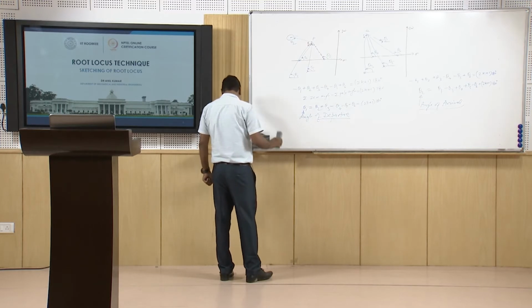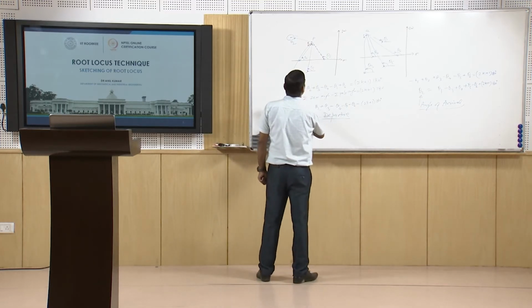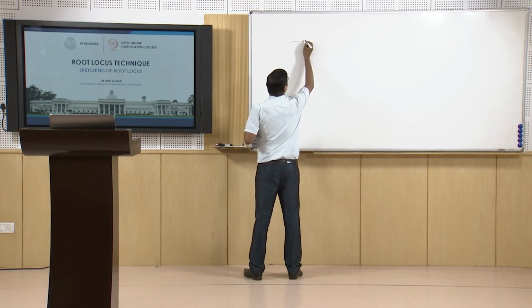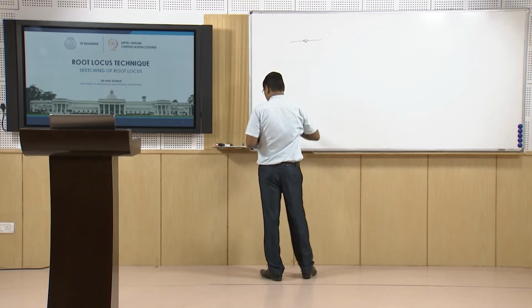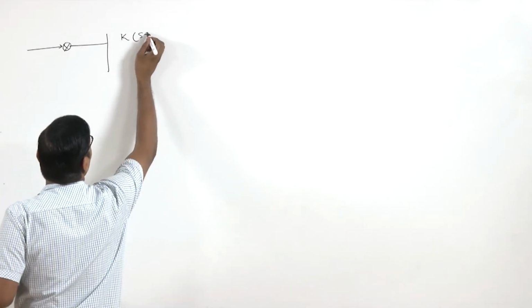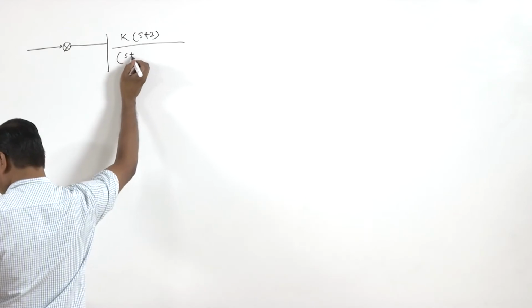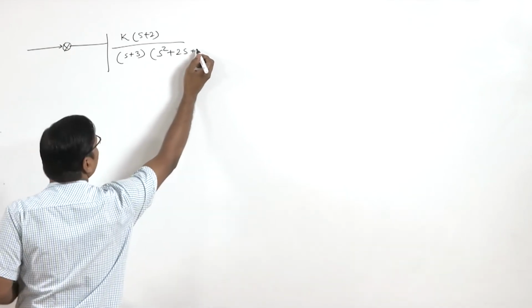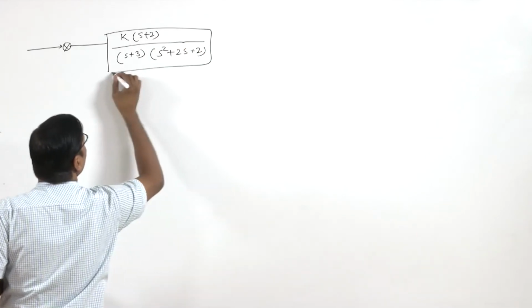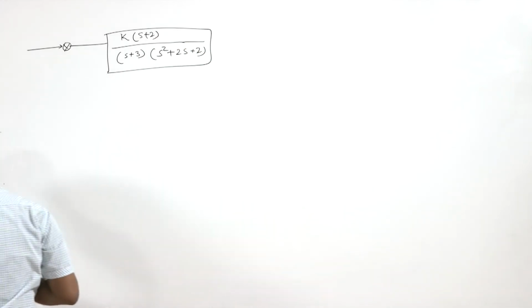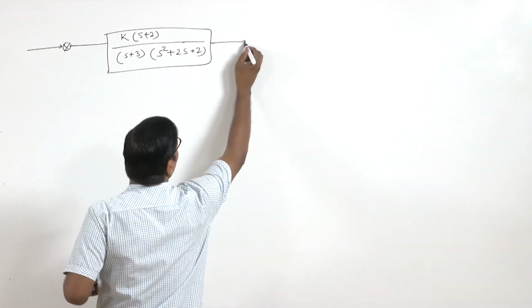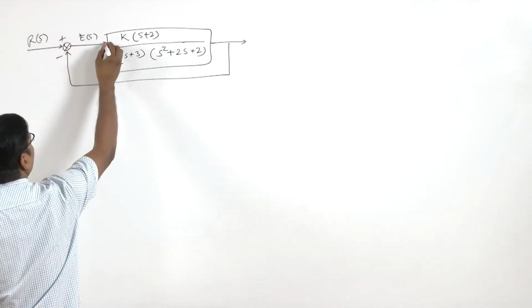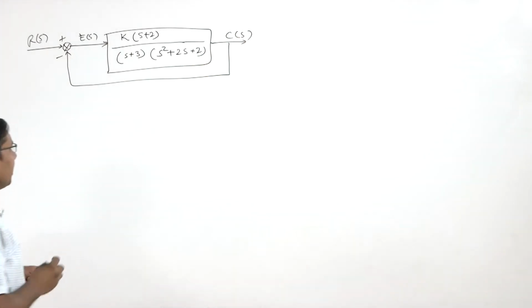Now let's take one example and calculate this angle of arrival and departure. So this is the system. Here H(s) equal to 1.